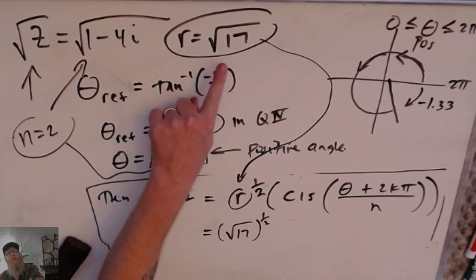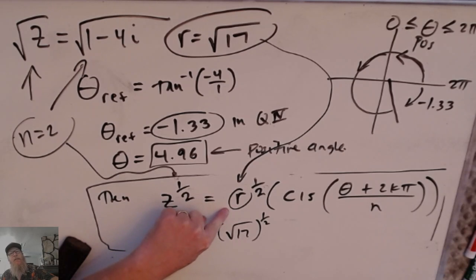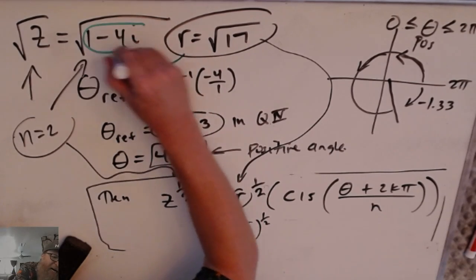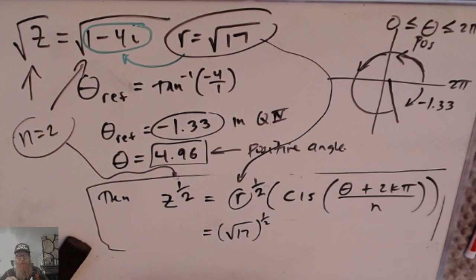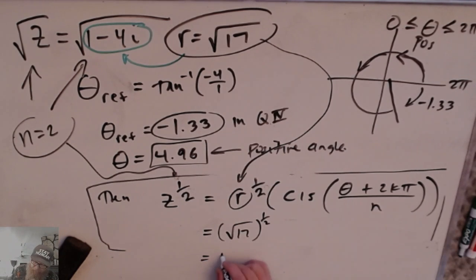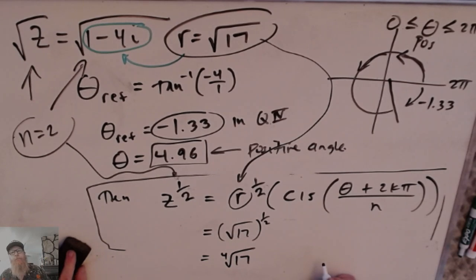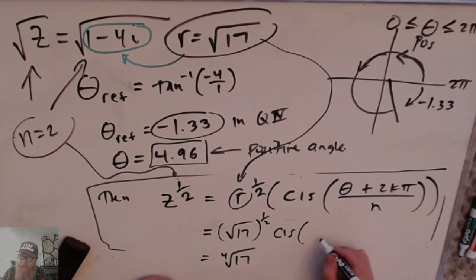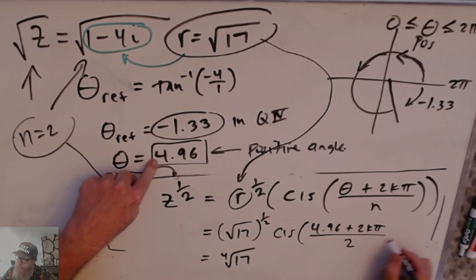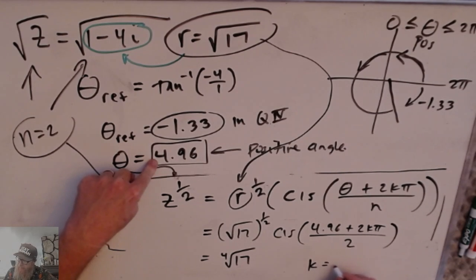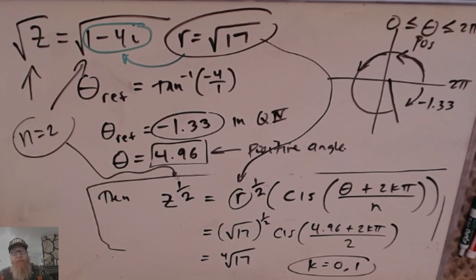R is already the square root of 17, so it's the square root of the square root. Remember that r was actually referring to the inside of the radical. That's the modulus. And then you take the square root of it, so now it's doubly square rooted. You could also write this as the 4th root of 17. Same thing. And then you have cis of 4.96 plus 2k pi over 2. And k is going to go from 0 to 1. So there'll be 2 possibilities for k.